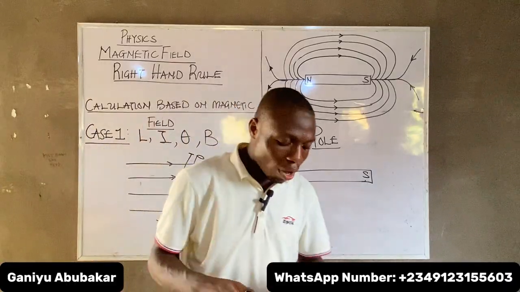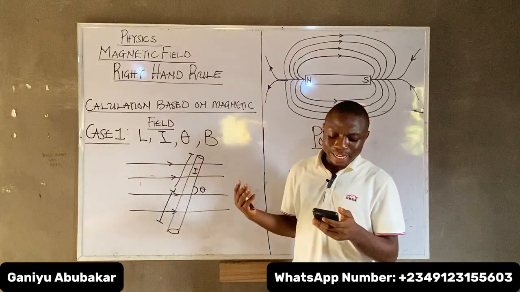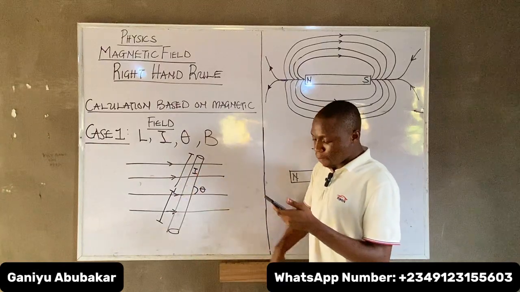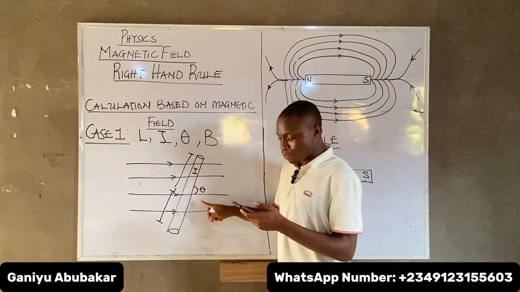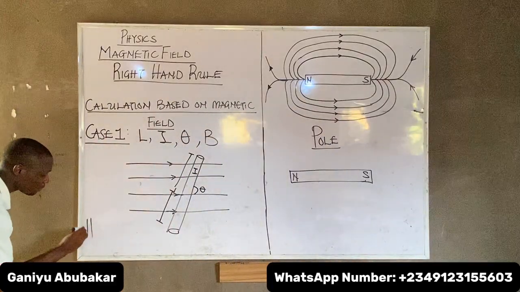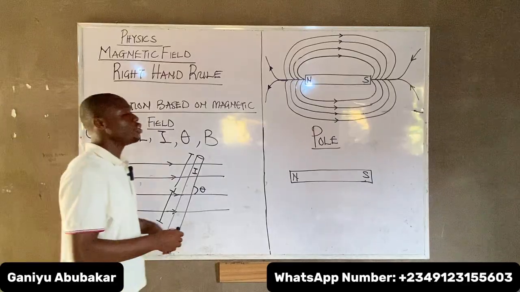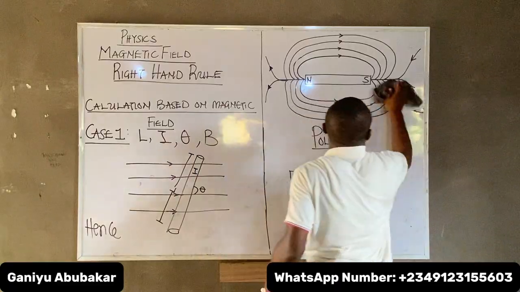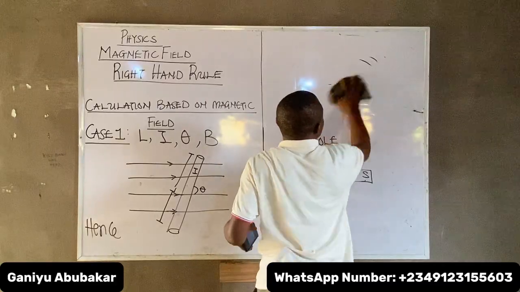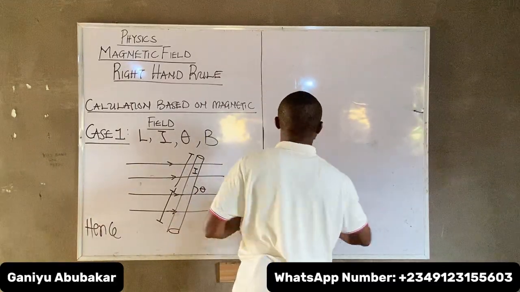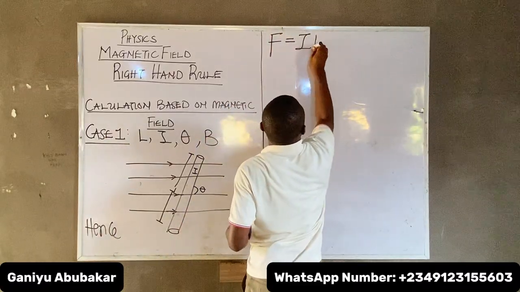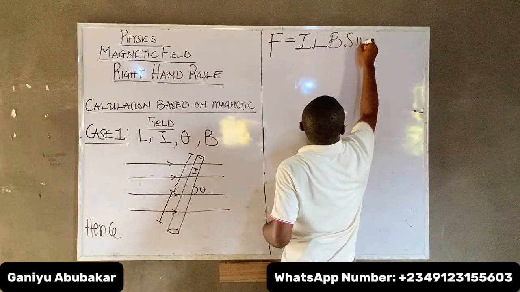Having said this, given a conductor of length L carrying a current I and inclined at an angle theta to the magnetic field, the force on the conductor F will be equal to ILB sine theta.